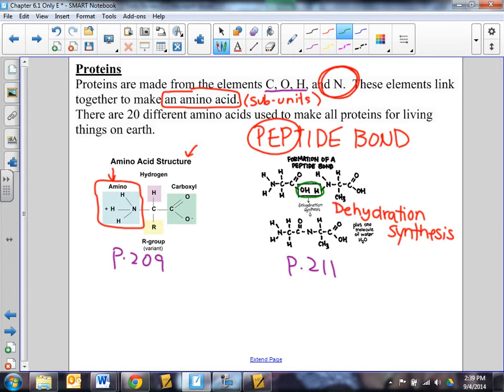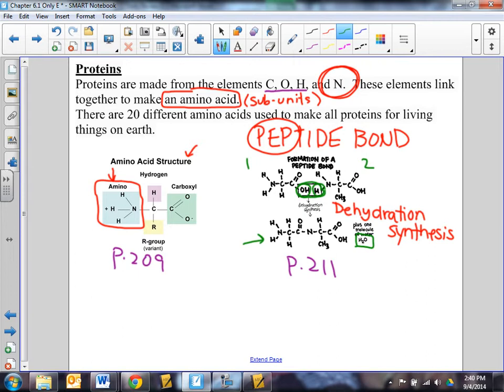What I do care is that you recognize that I'm going to take a hydrogen from this molecule on the right, and an oxygen and a hydrogen from the one on the left. That's going to become my molecule of water. So anytime I want to put two small pieces together, I need to remove a molecule of water, and wherever those atoms were, that's where my two pieces will be joined. In the end, I have a molecule of water kicking around on the side, and now my two amino acids have joined together in one structure.